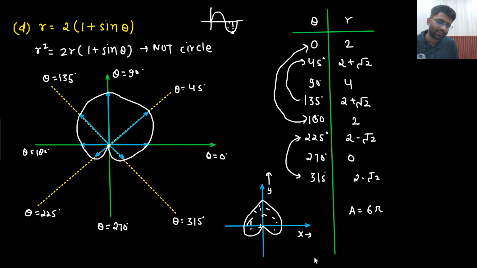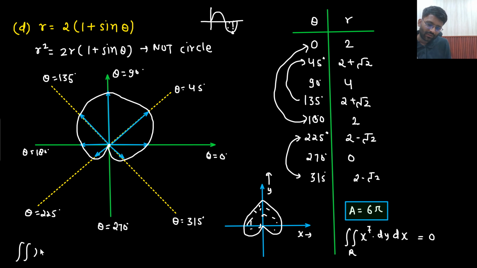Area will be 6 pi. Second question: for this region R, what is the value of the integral of x to the power 7 dy dx? The answer will be 0.